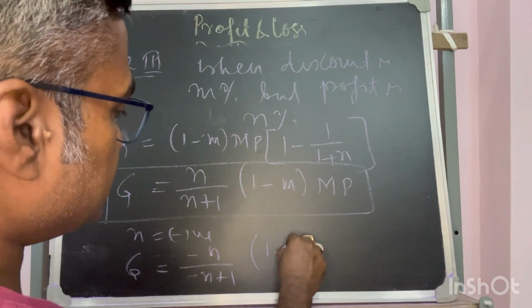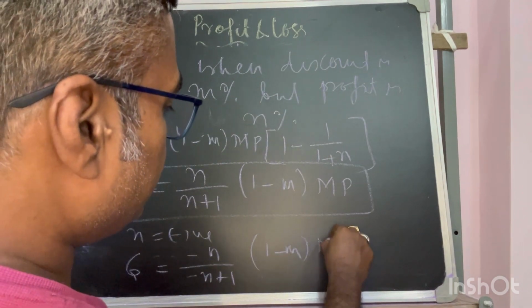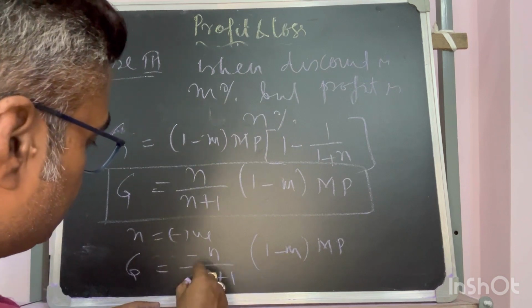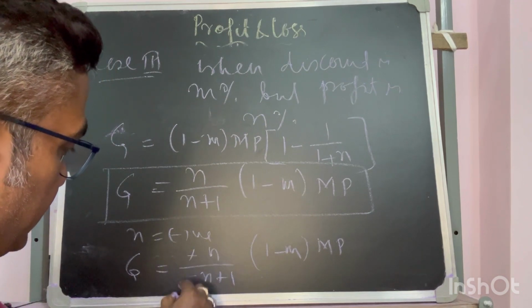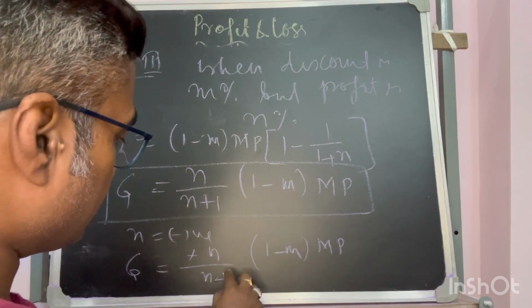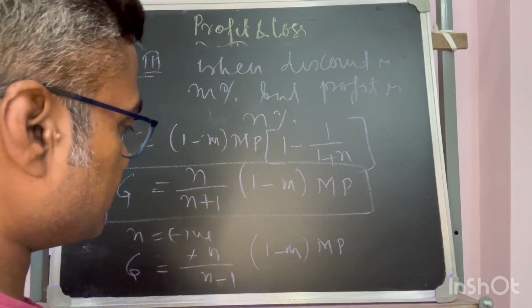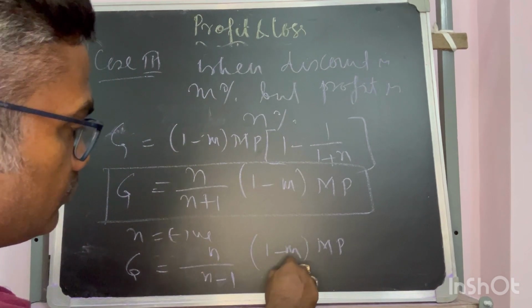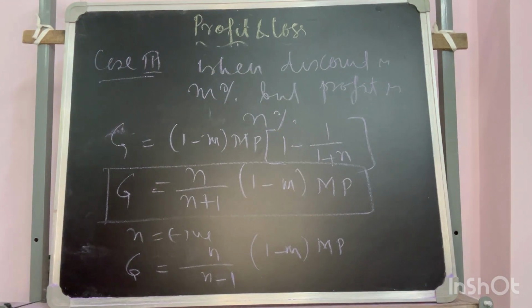Other things will not change unless the sign affects this equation. So if I take out the minus, this will become n minus 1. Sorry, n minus 1 already is there. So the equation will convert into n by n minus 1 into 1 minus m into mp. This will be the equation.